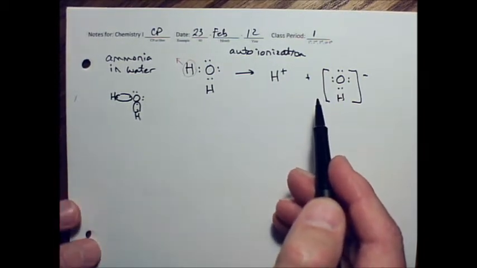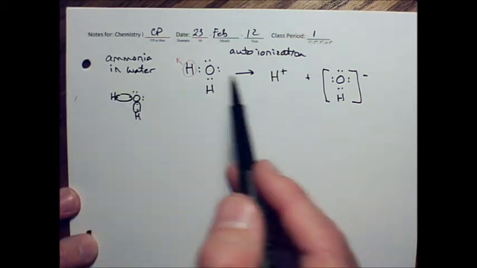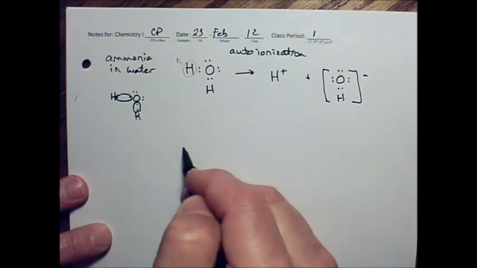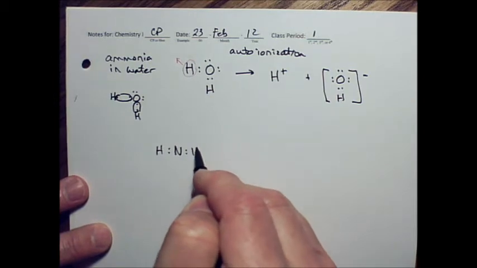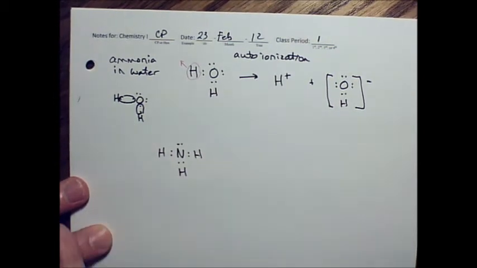Okay? The second step then is actually putting the ammonia in water and having the ammonia then react with this hydrogen ion. Okay? So ammonia is nitrogen with 3 hydrogens and 1 lone pair. And we could go through the whole sharing arrangement to show you how we get there.